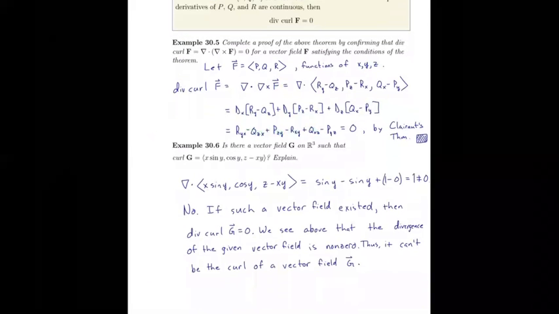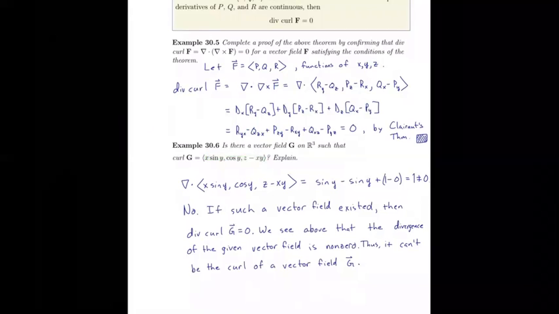Okay, so the next question is, is there a vector field G on R3 such that the curl of G is equal to this vector function, or this vector field that we're given here? Okay, so is there sort of a parent field G whose curl is equal to this highlighted vector field we're given here, this vector function, we could even say?